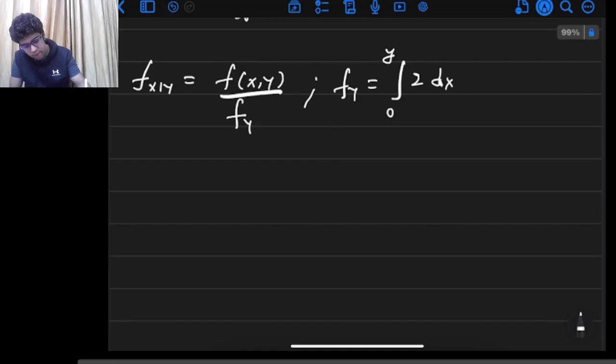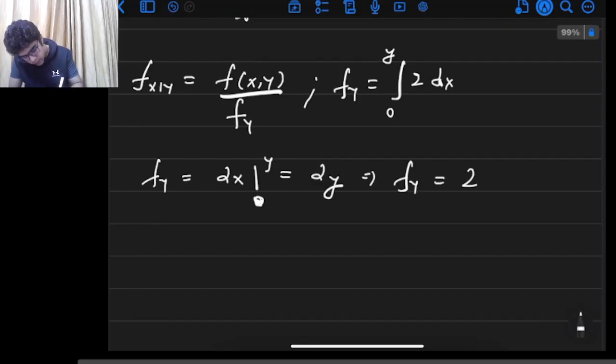So f(y) is the integral from 0 to y of 2 dx. So f(y) becomes 2x from 0 to y, which gives 2y. So f(y) is 2y.